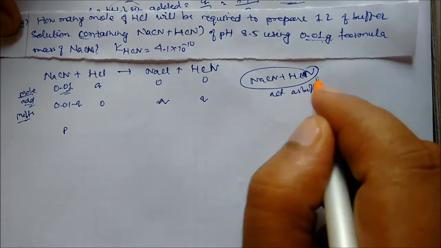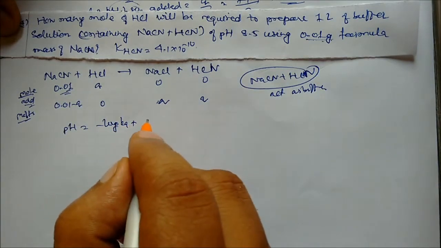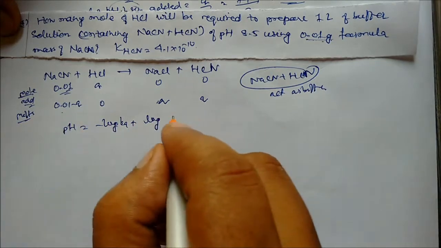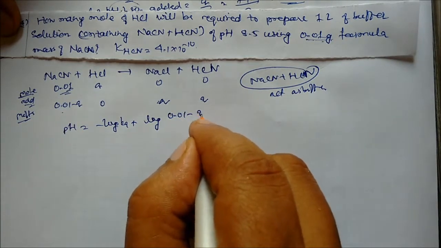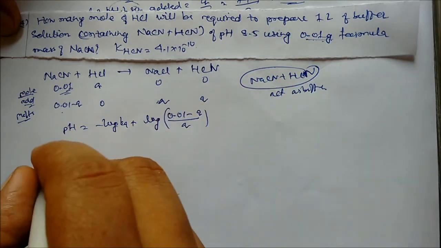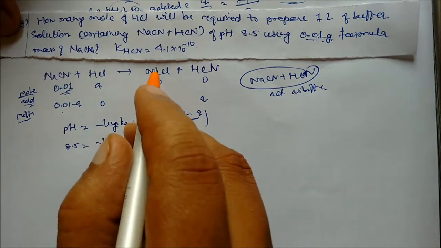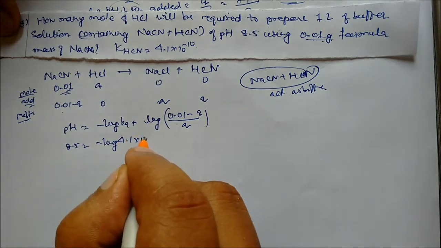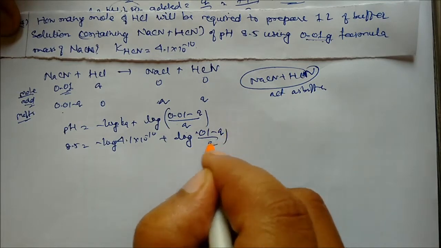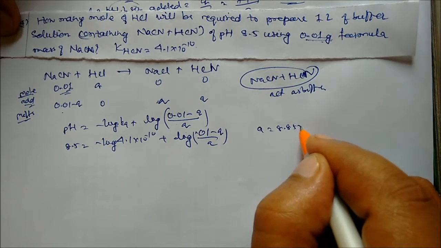So to use the formula of the acidic buffer, pH is equal to minus log of Ka plus log of conjugate base by acid. The conjugate base is 0.01 minus A, divided by A. Again we have every value here. The pH is given here as 8.5, so 8.5 equals minus log of Ka, which they have given here as 4.1 into 10 to the power minus 10, plus log of 0.01 minus A divided by A. So every value is given, so the answer A will be 8.85 into 10 power minus 3.